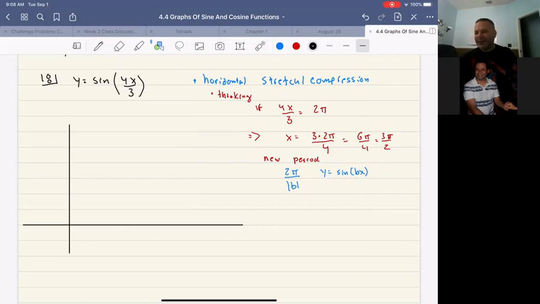Now that thing I was saying about dividing into 4, now you're going to see what I'm talking about. So the full period is 3 pi over 2. Let me just mark that down somewhere. 3 pi over 2. Now, going back to the graph.